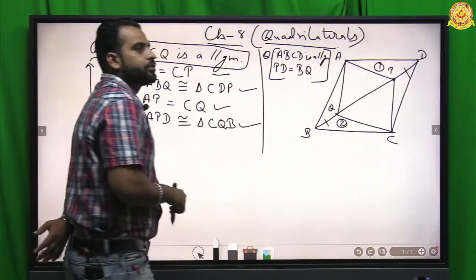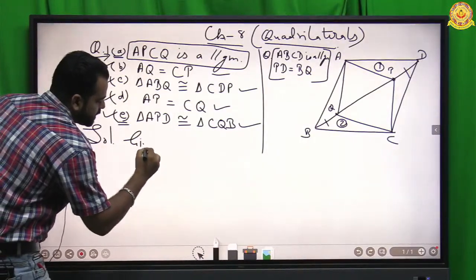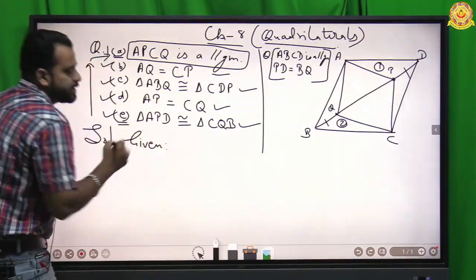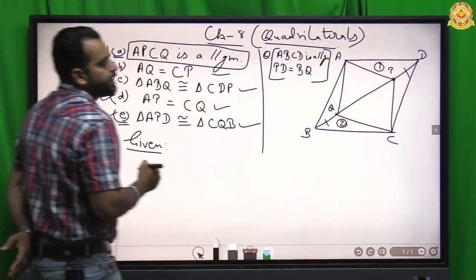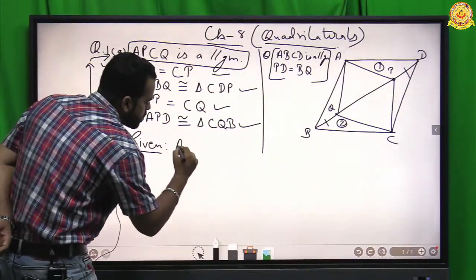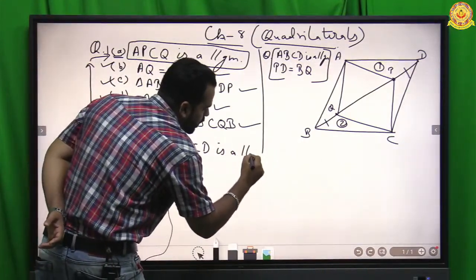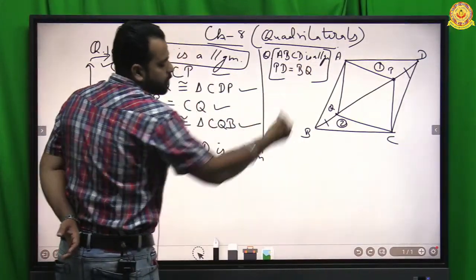The first thing we can write is the given statement: ABCD is a parallelogram, as we can see in the question.